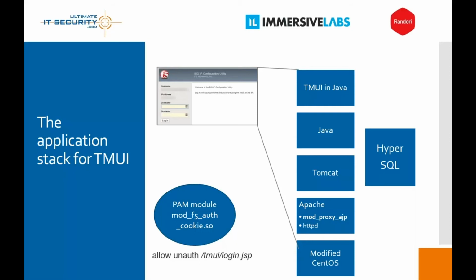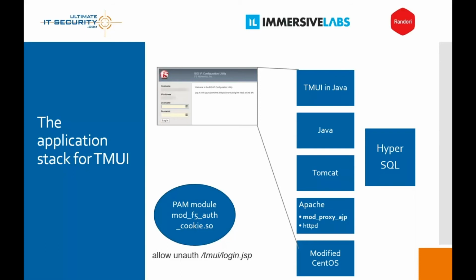And every single one of these technologies or layers in the stack parses URLs using different code and according to different rules. And that is one of the key factors in this whole exploit.